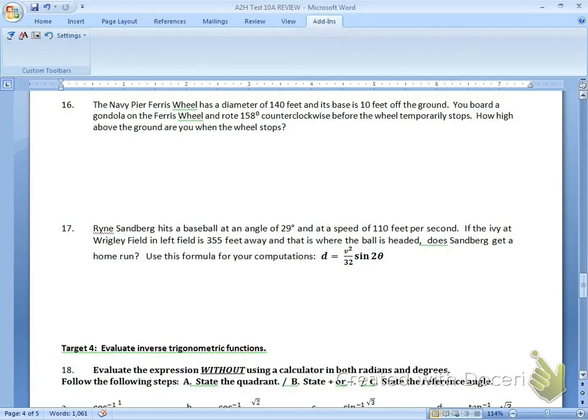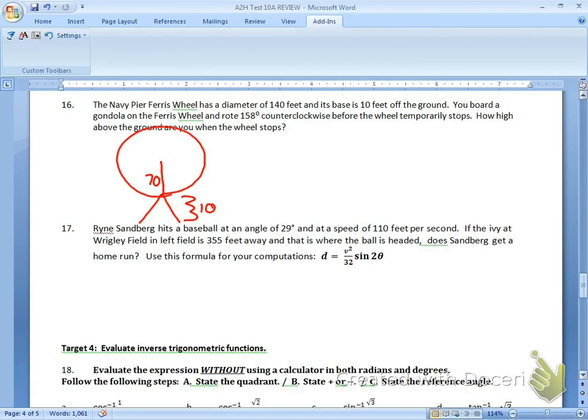How high above the ground are you when the wheel stops? So again, draw a picture. Here's the base. That is 10 feet high. Here's our Ferris wheel. The radius of the Ferris wheel is 70 feet.